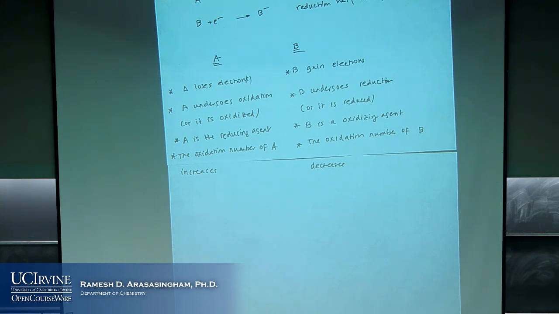When a substance loses electrons, its oxidation number increases. When a substance gains electrons, its oxidation number decreases. So if the oxidation numbers change, you know it's an oxidation-reduction reaction. One substance's oxidation number will go up, meaning it's oxidized, and another substance's oxidation number will decrease. That's the one that's being reduced. Okay, so let's take an example.